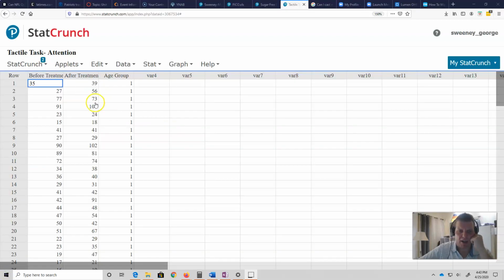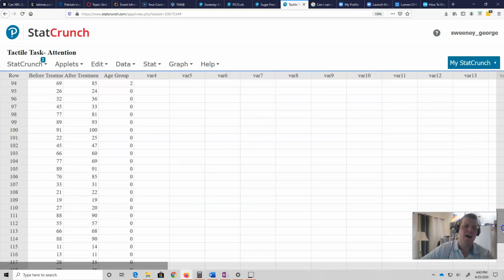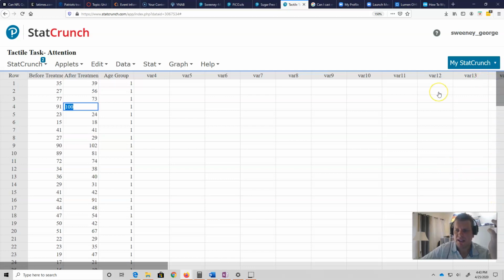So I go into StatCrunch, and right now I'm going to first check to see, do I have enough sample data? If that's the case, then I can move on as long as I know where the data is taken from. Well, look at that. I've got 131 n, degrees of freedom 130. That's great because what that allows me to do is assume that we can use the t-distribution. This allows me to actually do the test.